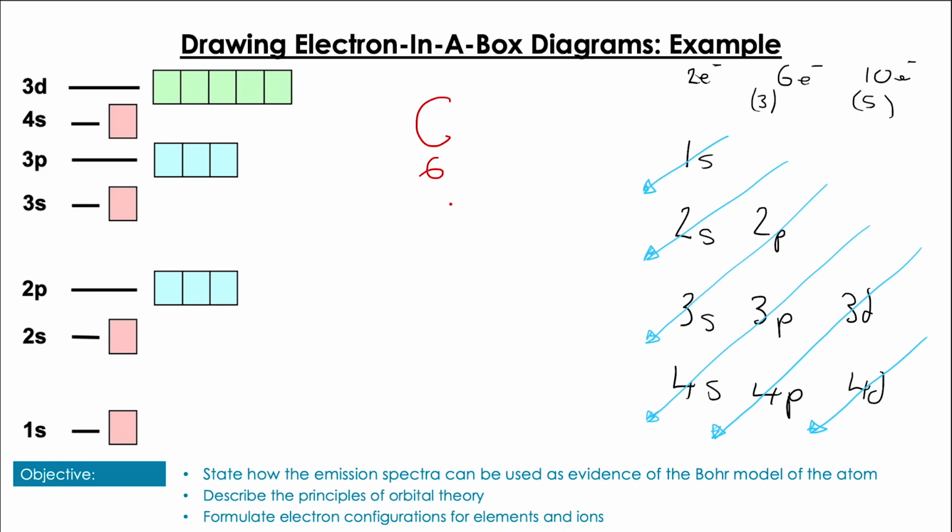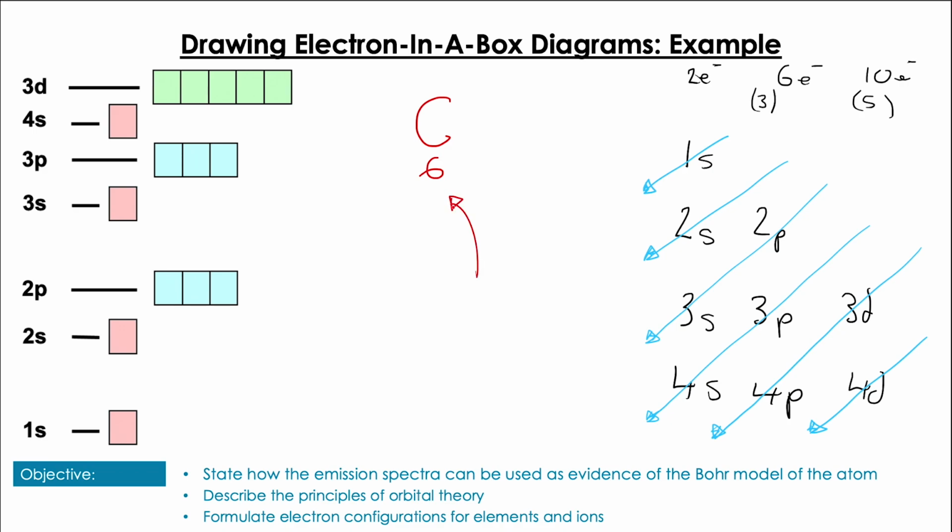So the way this can help us is following these kind of aquamarine arrows gives us the filling order of our atom. You will not be given your electron-in-a-box diagram in a question in an exam, and you may be asked what the electron configuration of atoms are without any help. And this very simple to write down mnemonic will work for all of the examples you'll be looking at within the IB.